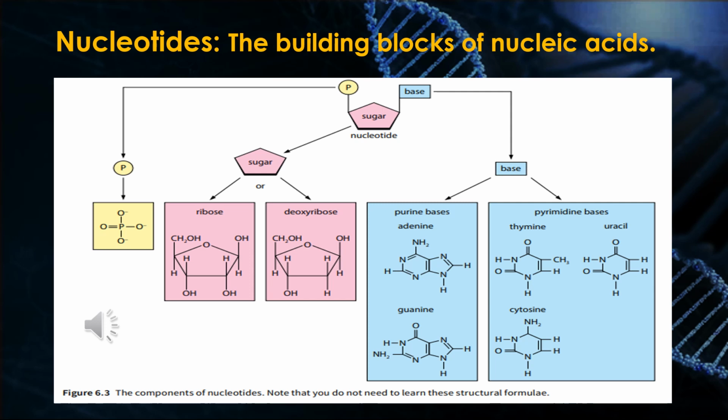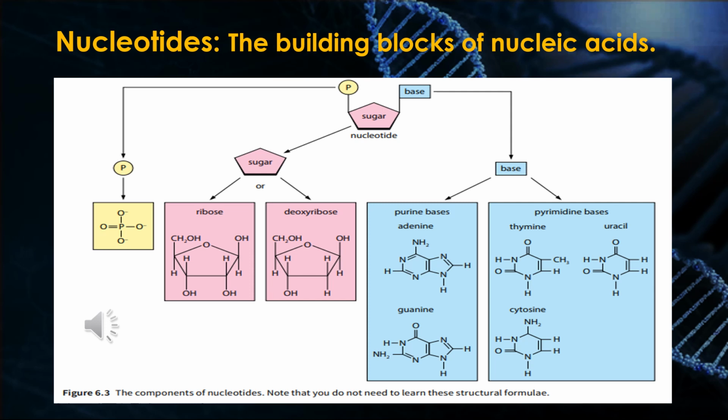Whenever we have to represent a nucleotide, we represent it only by writing the first letter of the base. For example, if the nucleotide contains the base adenine, we will write A in capital letters.